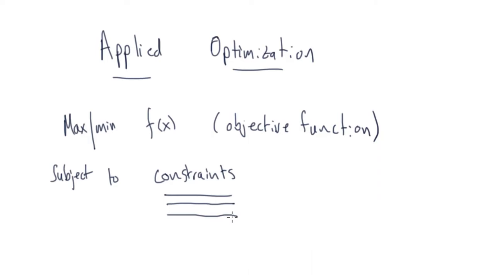But the constraint is that maybe I don't have that many people that will buy them, or maybe it takes a lot of money to produce a certain amount. And maybe there's an optimal amount that I want to sell that's going to allow me to maximize my profit. So I always have to consider my constraints. But this is the general setup: we have an objective function that we want to maximize or minimize subject to constraints.